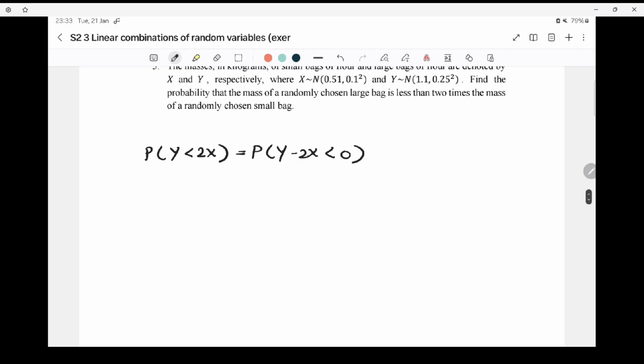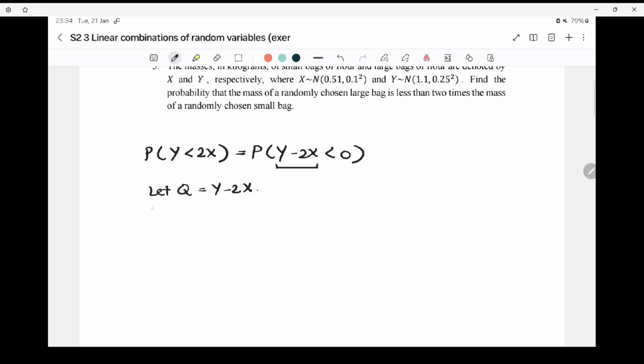So from the right hand side, you have seen that this thing is basically a linear combination of two random variables. So I can define, for example, let Q be Y minus 2X.